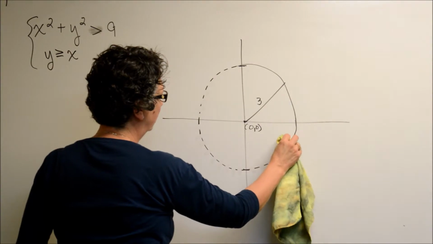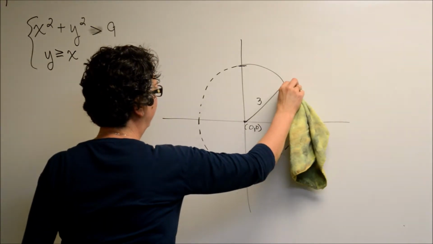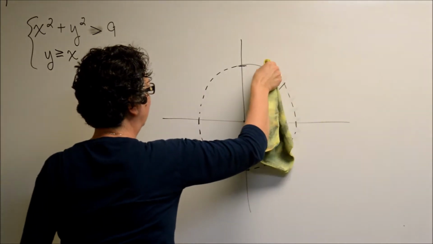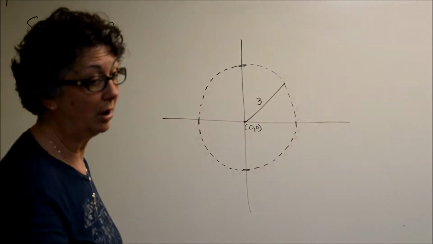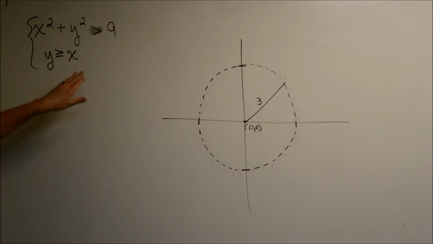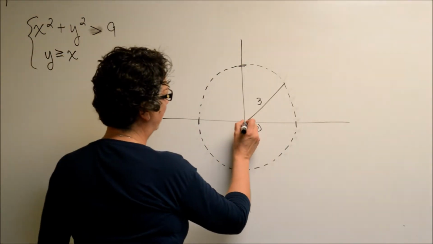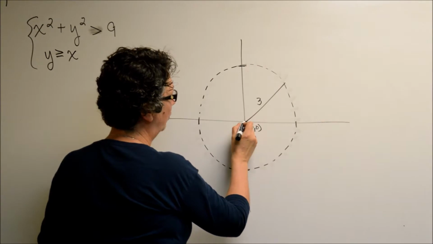And then the second inequality is a line. That inequality is greater than or equal to, so my line is going to be solid. And whatever x is, y is. So at 0, 0, X is 0, so y is 0.